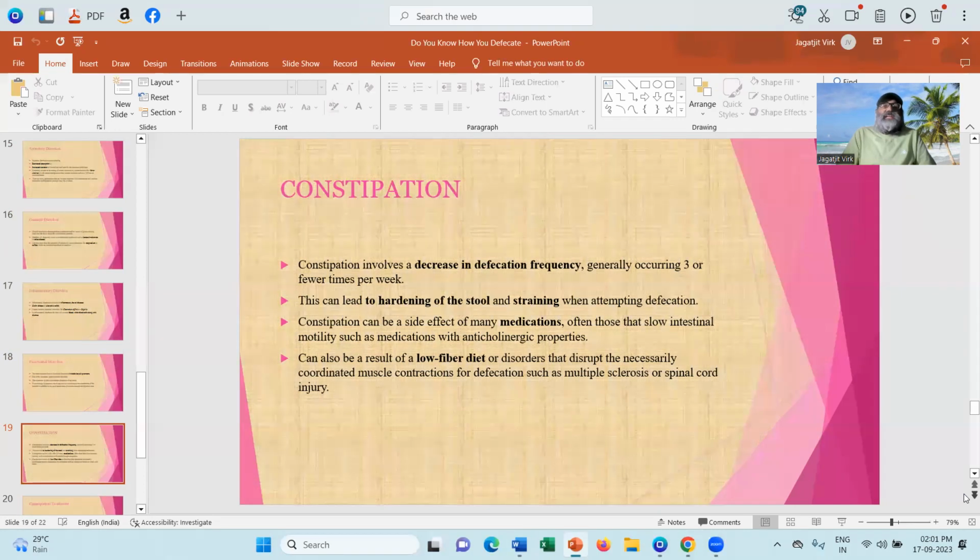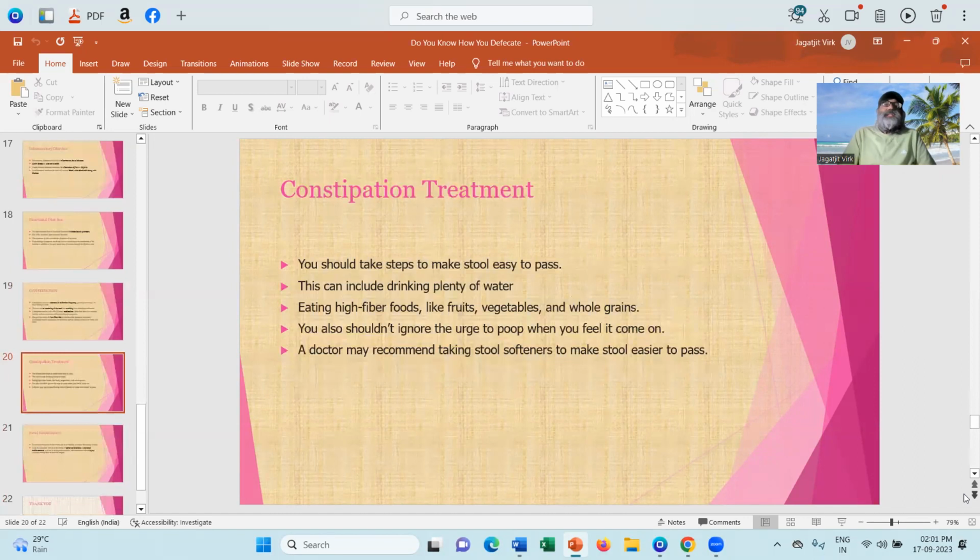Constipation can be a side effect of many medications, often those that slow intestinal motility, such as medications with anticholinergic properties. It can also be a result of a low fiber diet or disorders that disrupt the necessarily coordinated muscle contractions for defecation, such as multiple sclerosis or spinal cord injury.